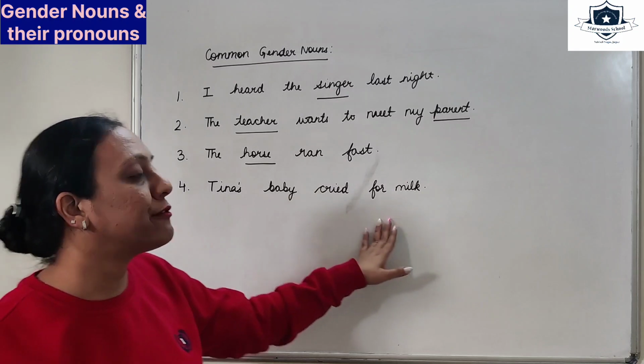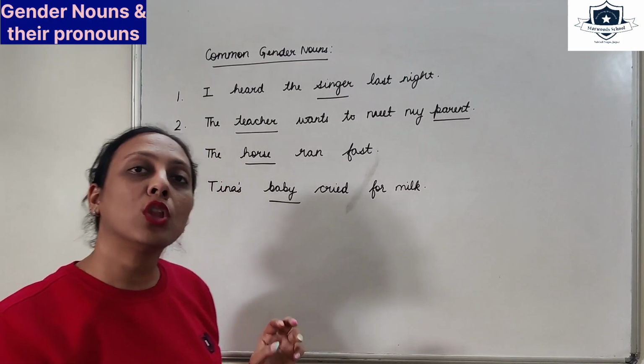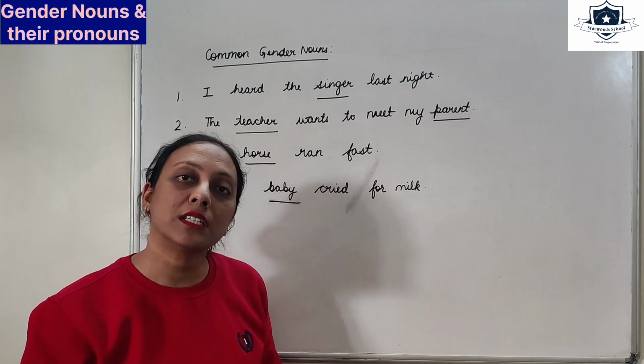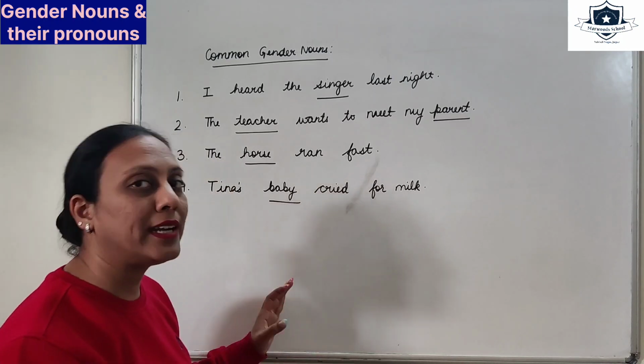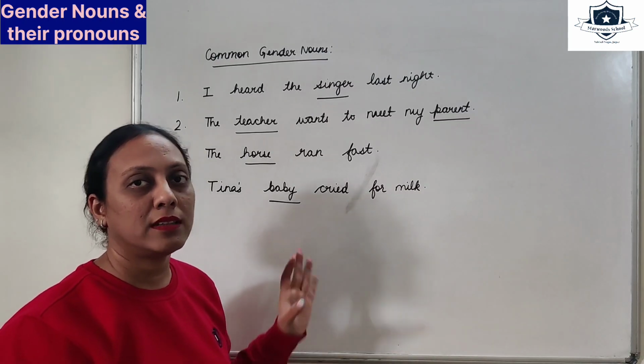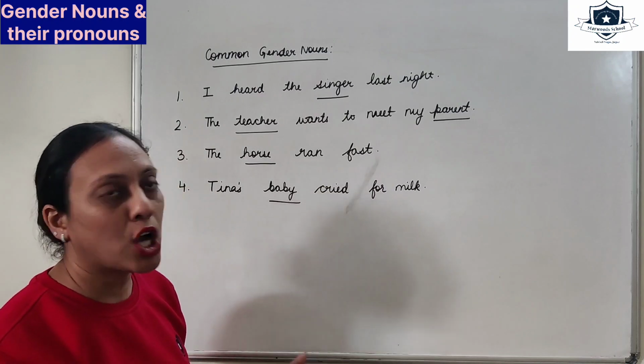Tina's baby cried for milk. So the common noun here is baby. It is not clear that it was a girl child or it was a boy child. So the gender is not clear, but we can associate this word to the baby. So that is why baby is a common gender noun.